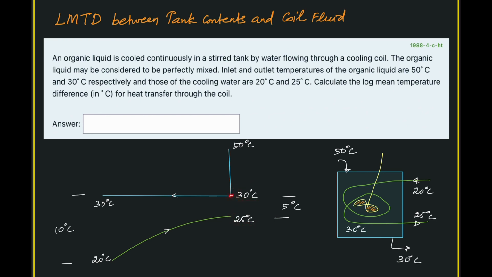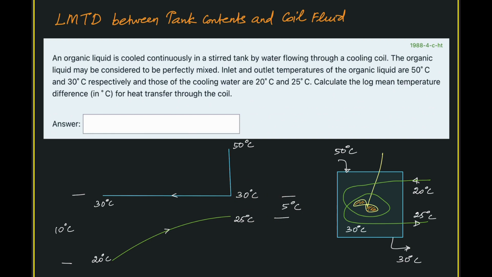This is the available temperature difference between the tank fluid at 30 and the leaving coil fluid at 25, and between the tank fluid at 30 and the inlet coil fluid at 20. Okay, fine. So we know delta T at one end and delta T at the other end, which is simply 5 degrees Celsius. This is to be noted very carefully.